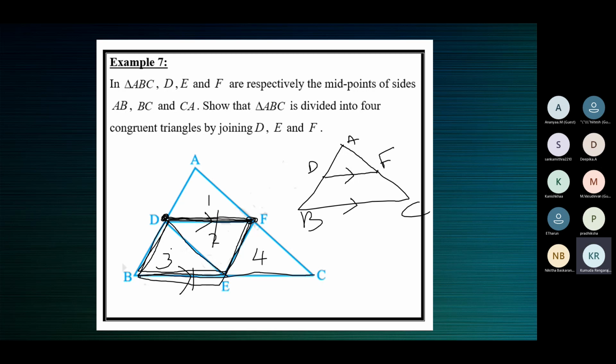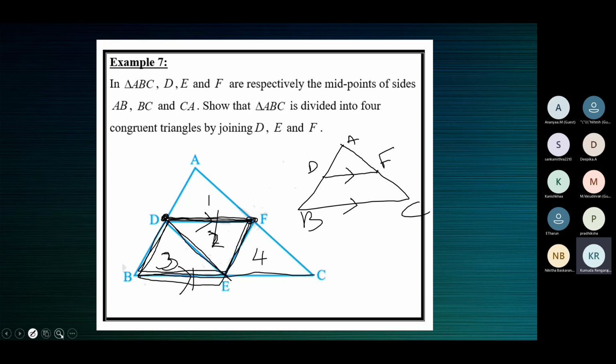Then DE is the diagonal, and we know that the diagonal divides it into two congruent triangles. So triangle 2 is congruent to triangle 3.